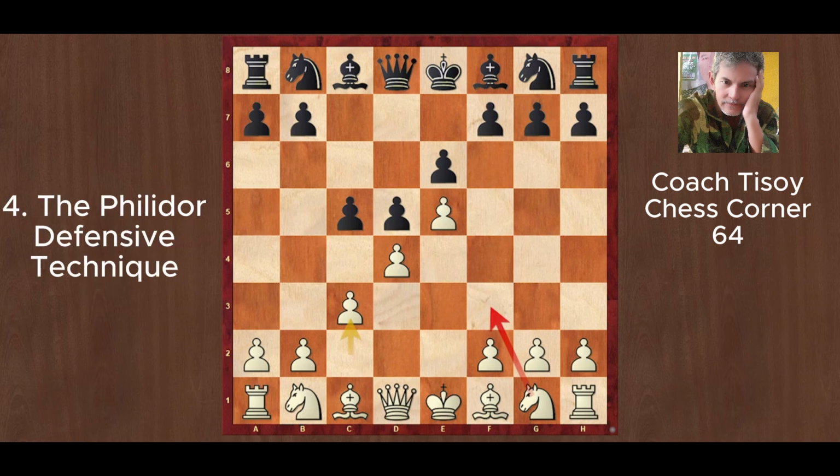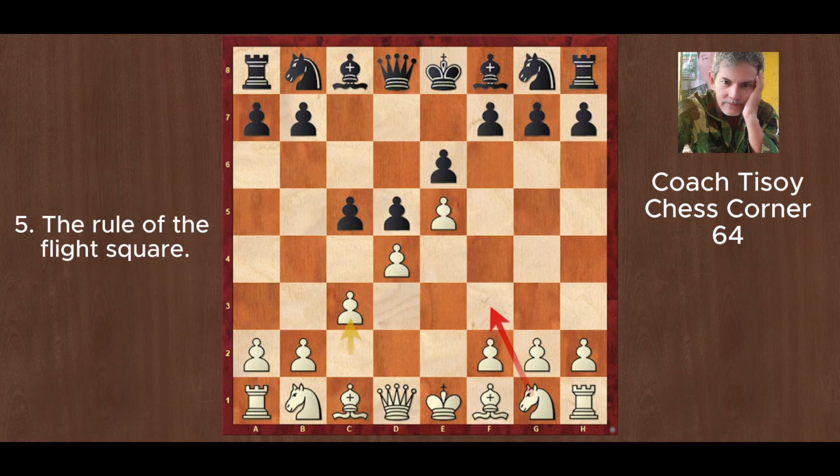Number 4, Philidor's defensive technique. Number 5, the rule of the flight squares, which plays an important role in the appraisal of rook endings. And lastly, the very famous Lucena position.